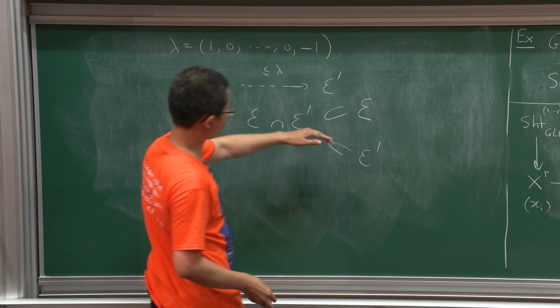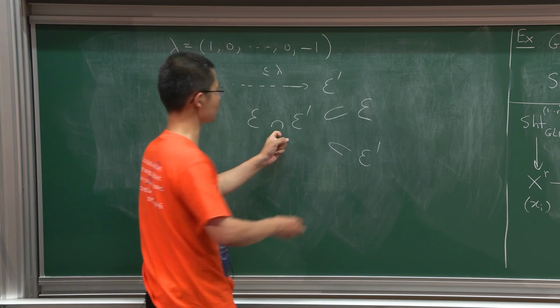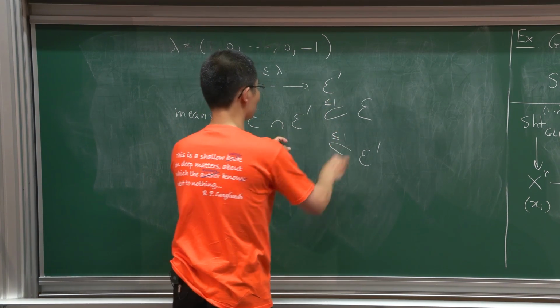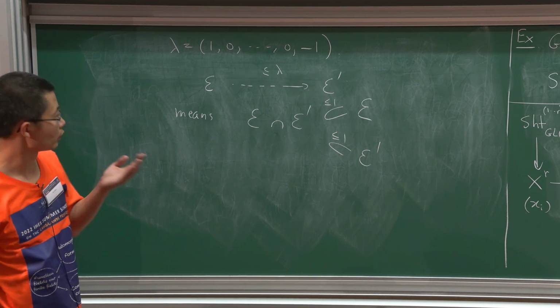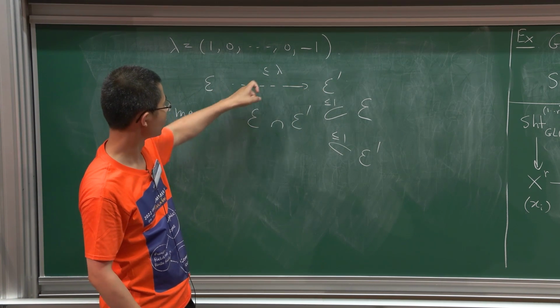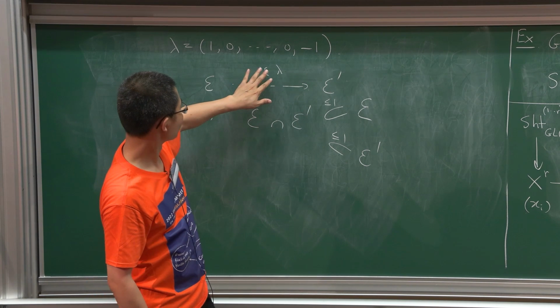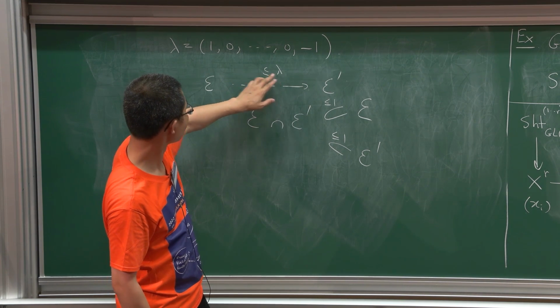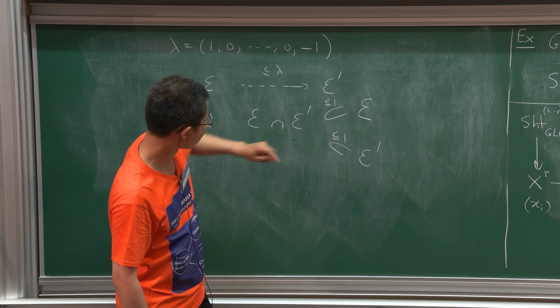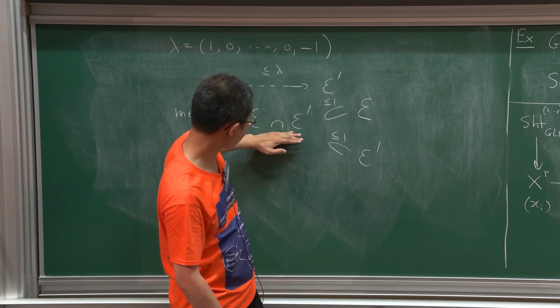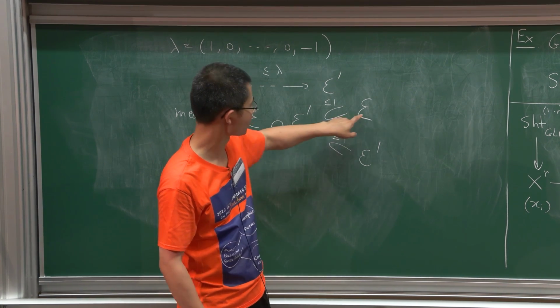Then you look at how much the degree decreases. This is by at most 1. Okay, so it may be they are equal. That's allowed. That's the less than or equal to part, the equal part. When it's strictly type lambda, then this intersection will have degree exactly 1 less than each of them.